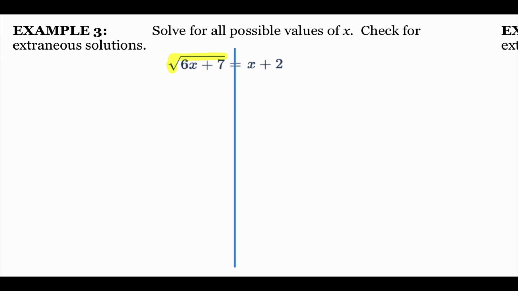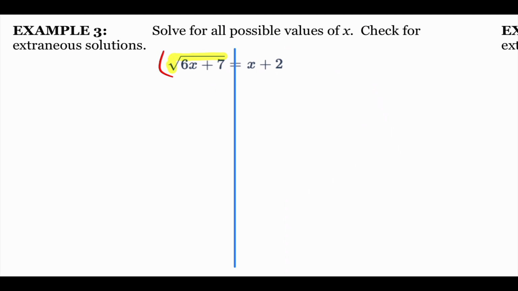Not really worried about the stuff inside the root right now. All I need to know is, is there anything with the root? No, it's just 6x plus 7 in the root. Okay, so I can skip step 1. I can skip it because I don't need to do it. So step 2, get rid of the root.